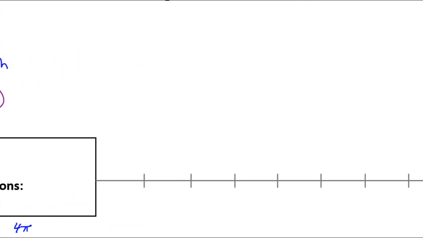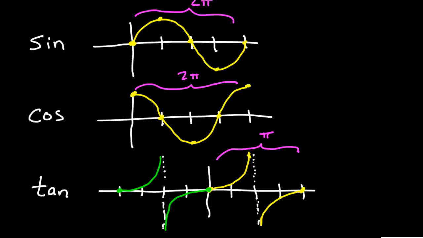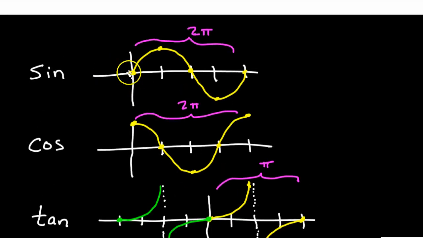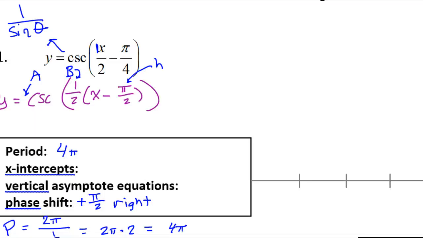Now normally I would start the sine function right at 0 because of the way we know that the sine function normally starts right at 0. But there's phase shift. That's pi over 2 to the right. So for that reason, I'm going to start my graph at the phase shift. Alright, so I'm going to call this pi over 2.